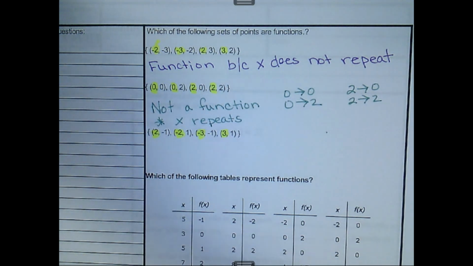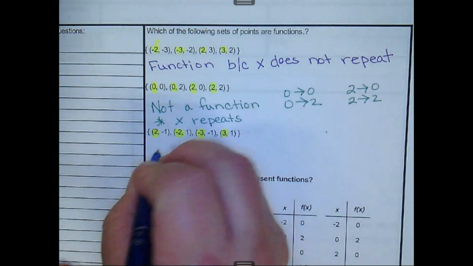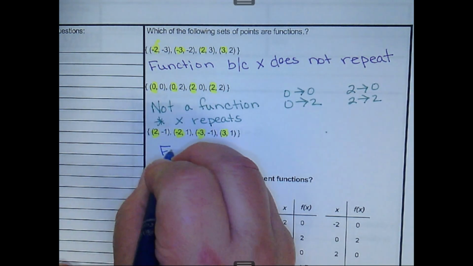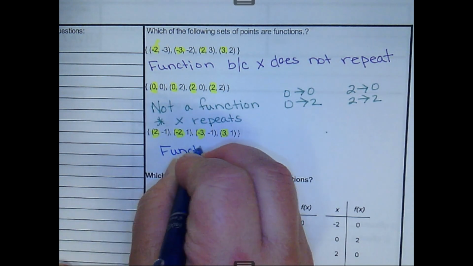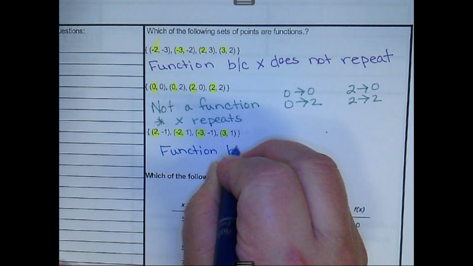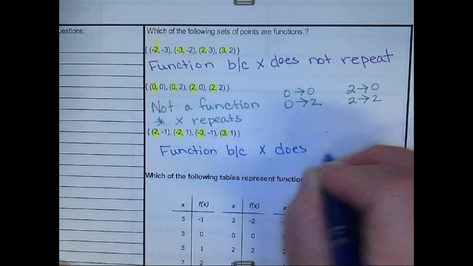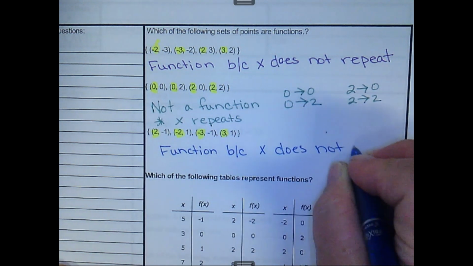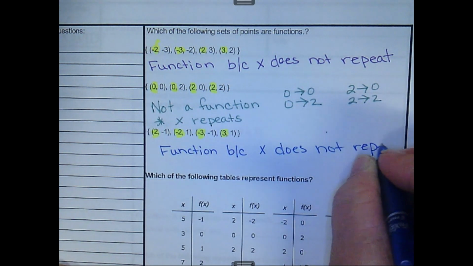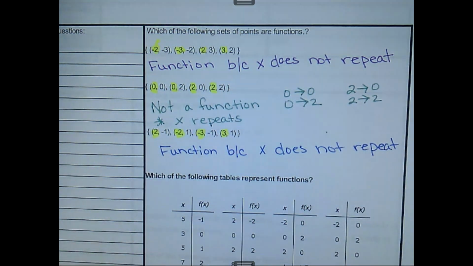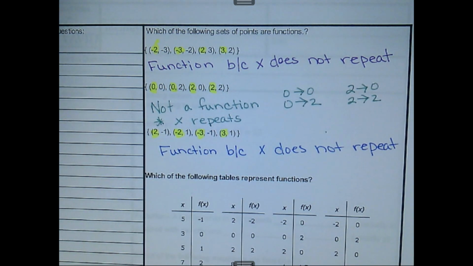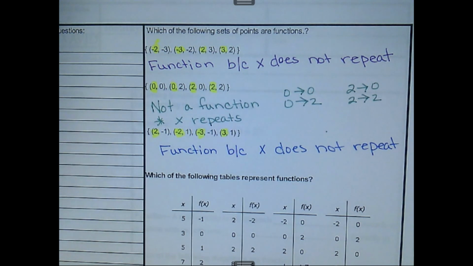No. If they do not repeat, they are a function. Okay, if x does not repeat, you have a function. If x does repeat, you do not have a function.